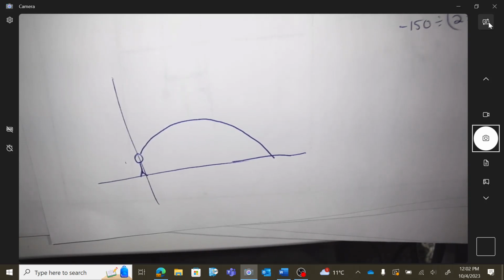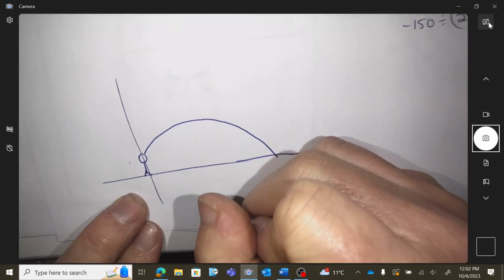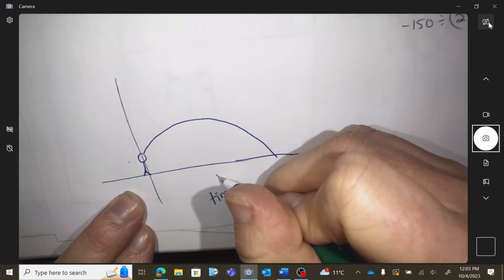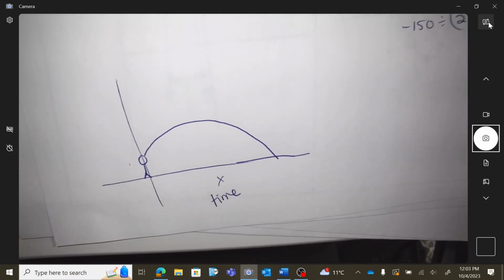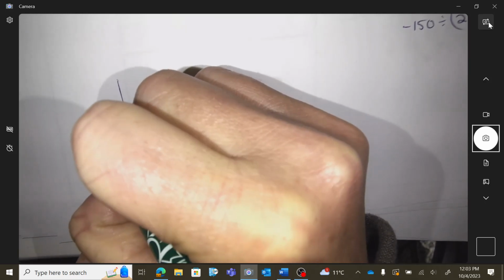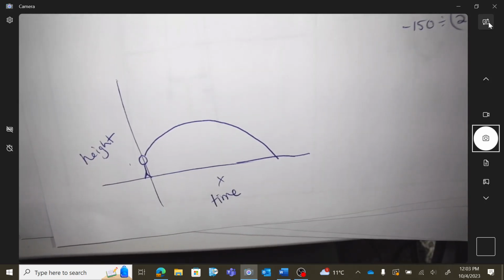Okay, so would it make sense that this variable along the x would probably be the time of the throw, and this would be the height of the ball?